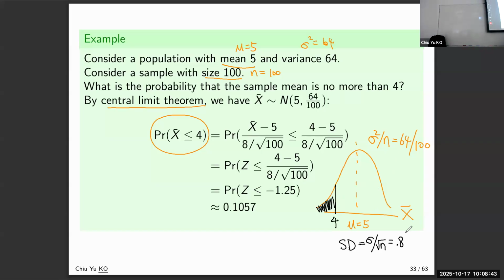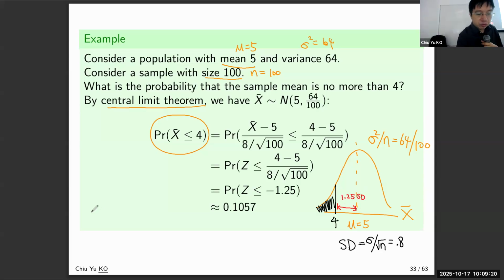You take the square root. The distance between this is just 1, 4 minus 5, and the SD is 0.8. So the distance is 1.25 SD, because SD is 0.8 and distance is 1.